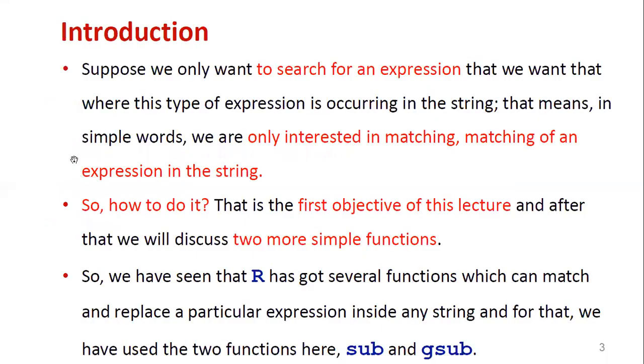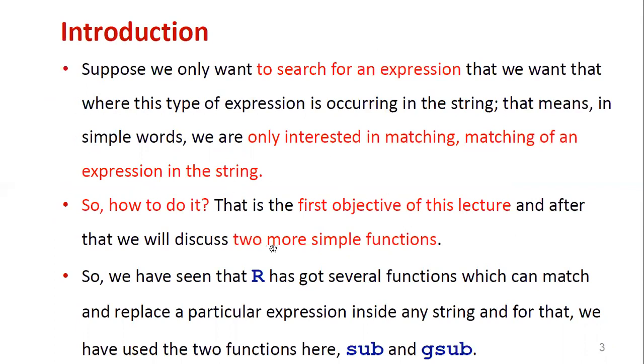Coming to the introduction, suppose we only want to search for where an expression is occurring in the string. That means, in simple words, we are only interested in the matching of an expression in the string. So how to do it? This is our first topic.